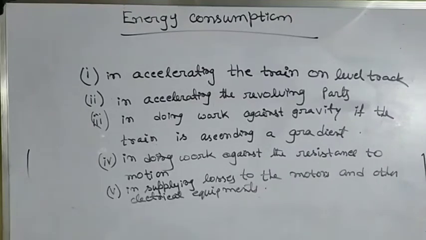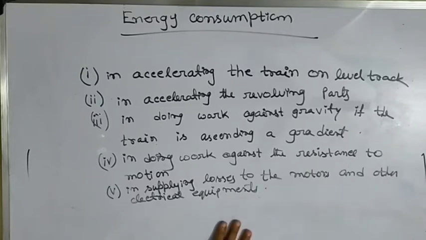Now, for urban or suburban services with high schedule speed, the energy required for acceleration periods forms a large percentage of the total energy required for propulsion, whereas for mainline service on level track at high speed, the energy spent against the resistance to motion, that is friction and windage, may be considerably greater than that required during the acceleration period.